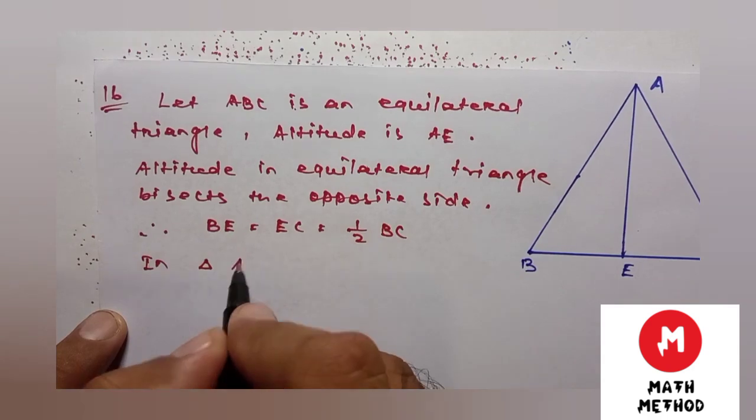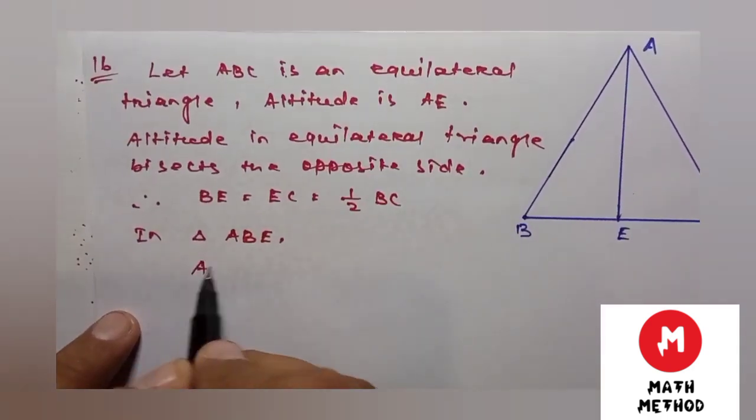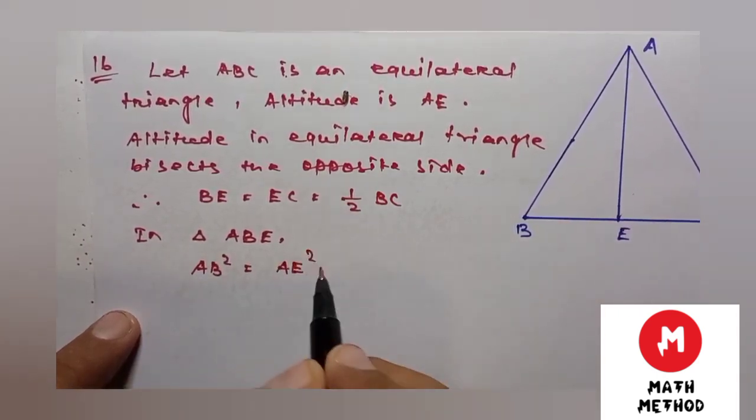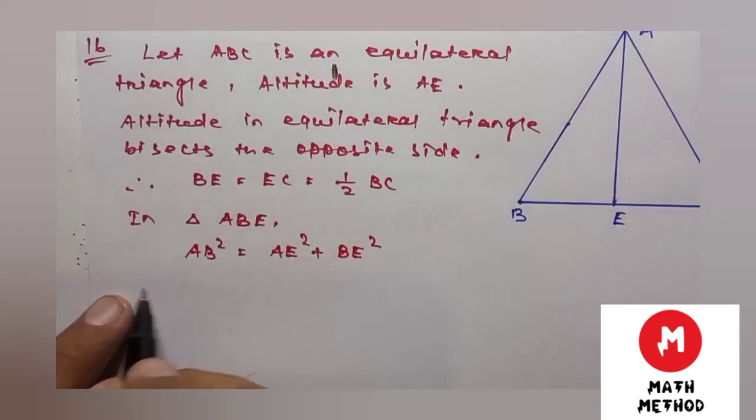Now in triangle ABE, here AB square is equal to AE square plus BE square.